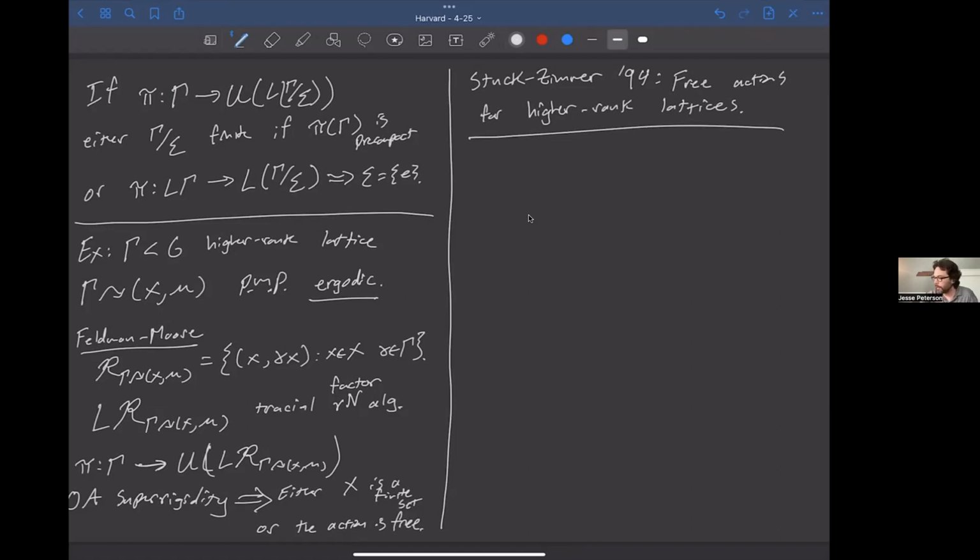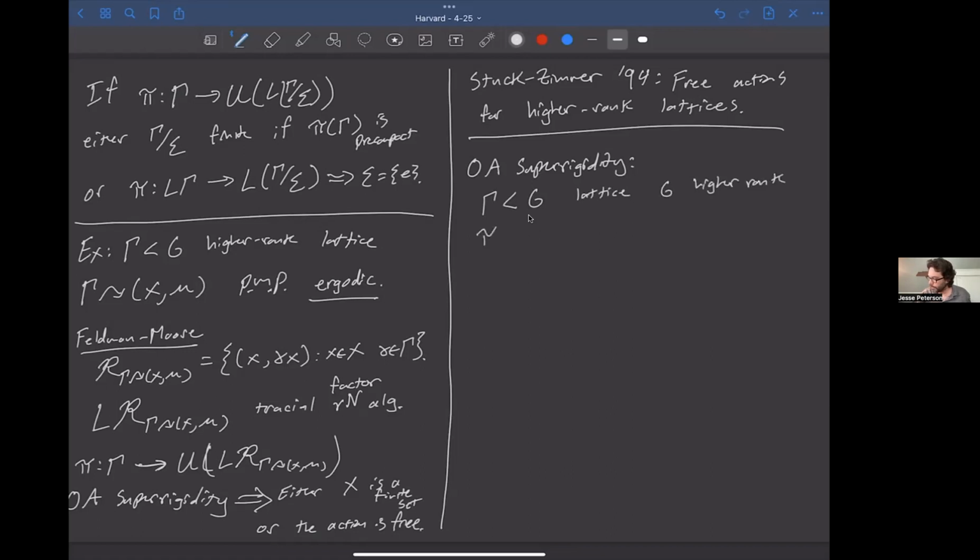And so for operator algebraic superrigidity, I want to give you a flavor of this. It's also coming from the ideas behind the Margulis normal subgroup theorem. So specifically, let me remind you of the setup here. We have a lattice Gamma in a Lie group G of higher rank.